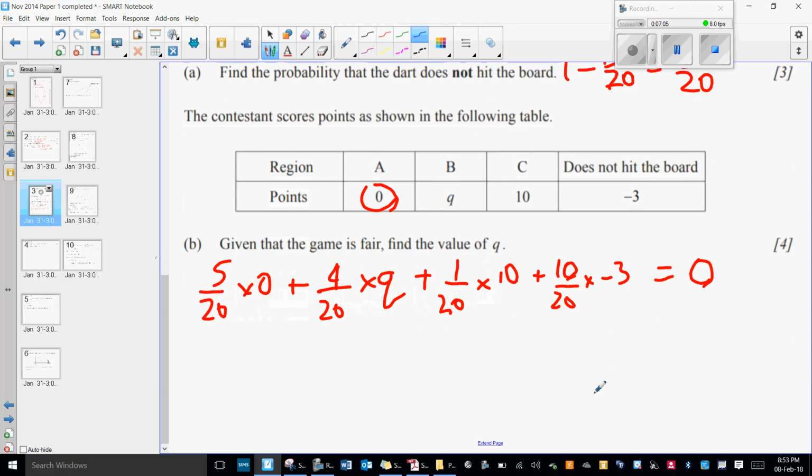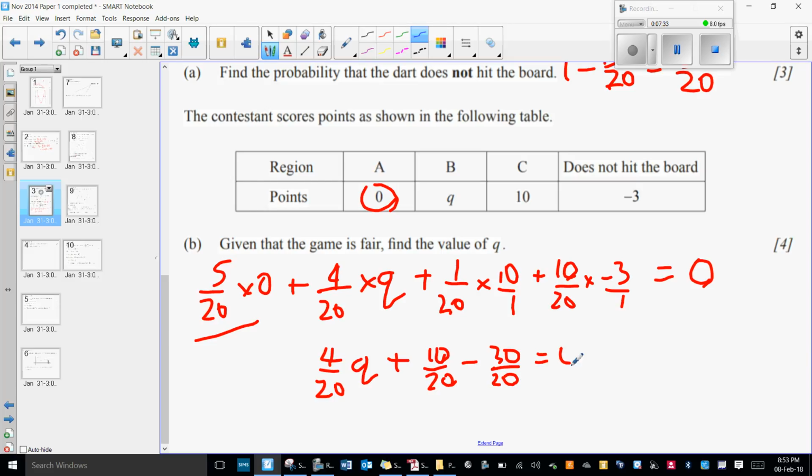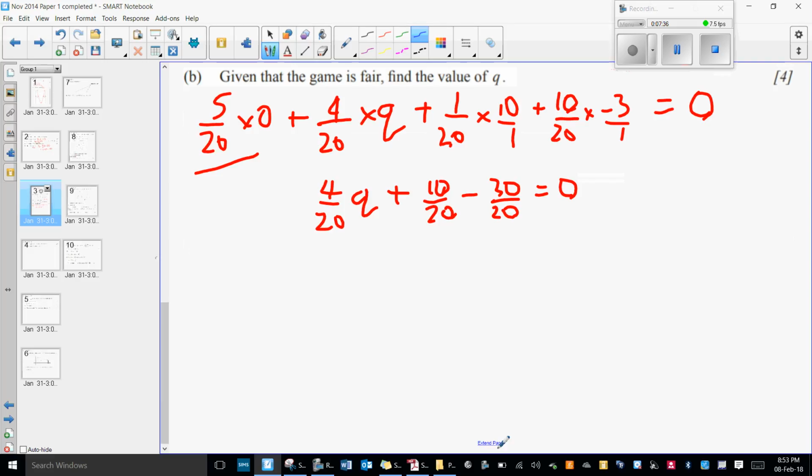So we've got 4 over 20 Q, because obviously this is 0. Then 1 over 20 times 10, so we've got 10 over 20, plus 10 over 20 times negative 3, minus 30 over 20, equals 0. So 4 over 20 Q, 10 over 20 minus 30 over 20 is minus 20 over 20.